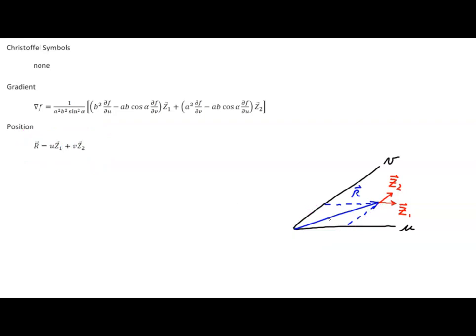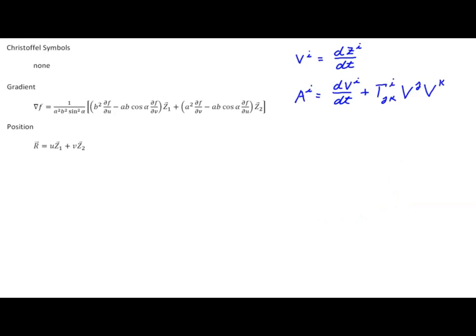All right, so next we'll look at velocity and acceleration. And again, the velocity vector components are simply the time derivative of each coordinate. So we combine those with our basis vectors here to form the velocity vector.